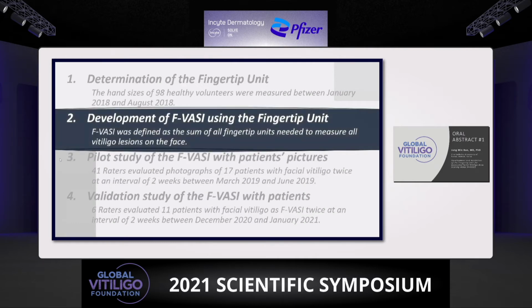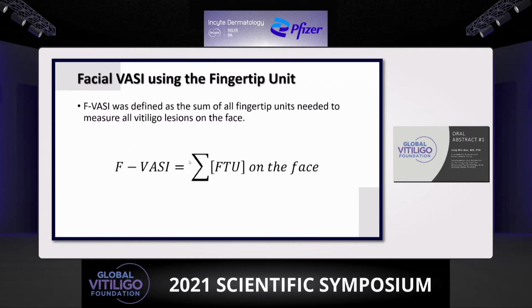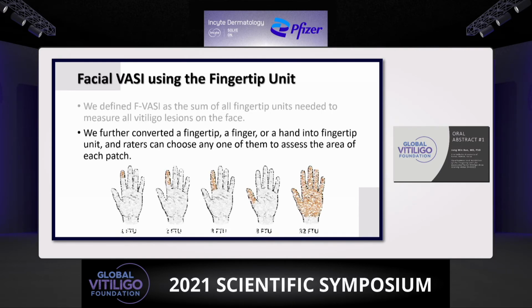Second, the development of facial VASI using the fingertip unit. Facial VASI was defined as the sum of all fingertip units needed to measure all vitiligo regions on the face. We further converted a fingertip, a finger, or a hand into the fingertip unit. We can use them to assess the area of each patch.